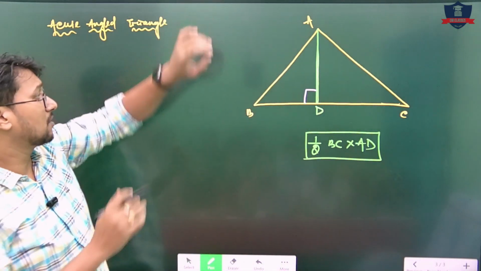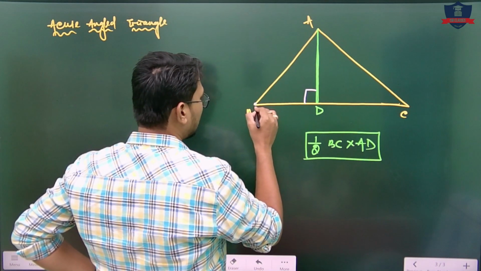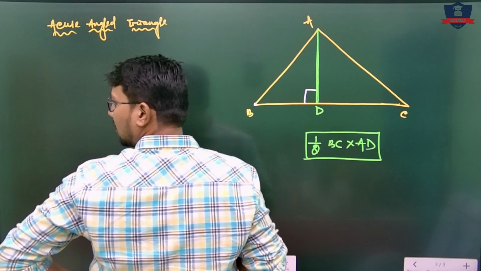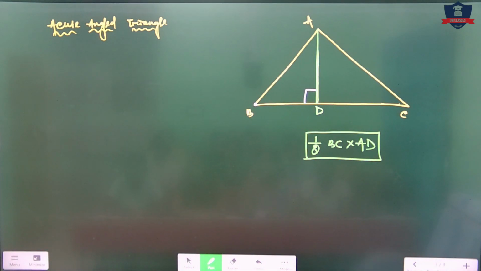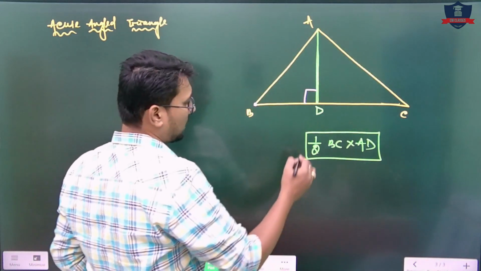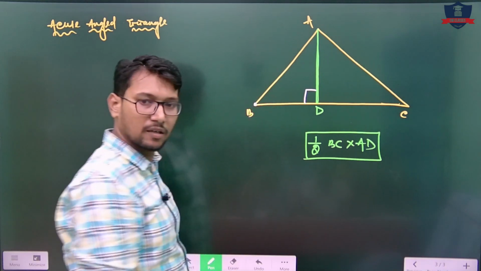Let us draw another perpendicular at point B. Clear?